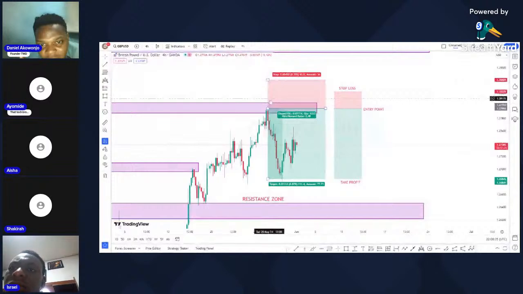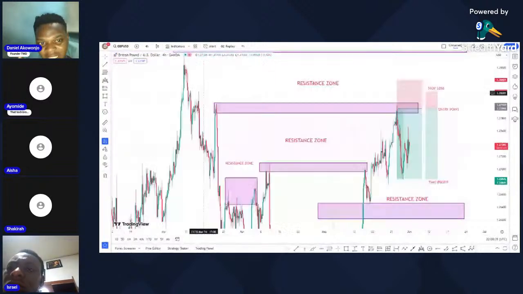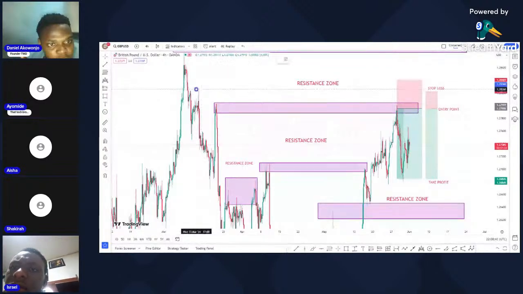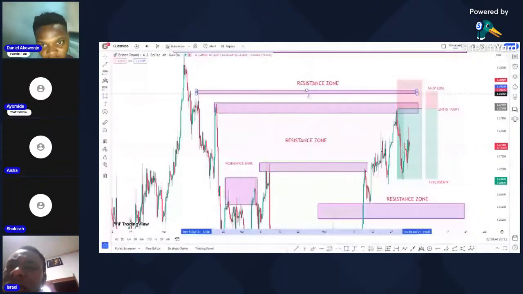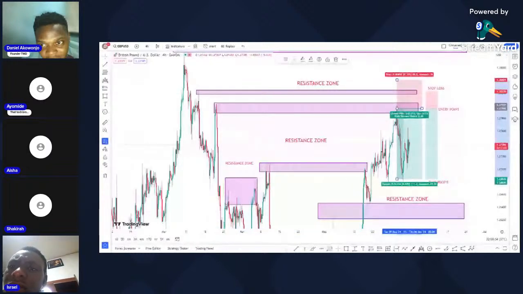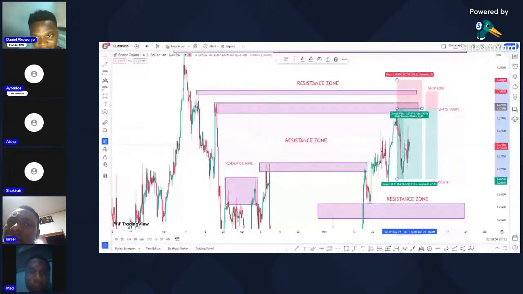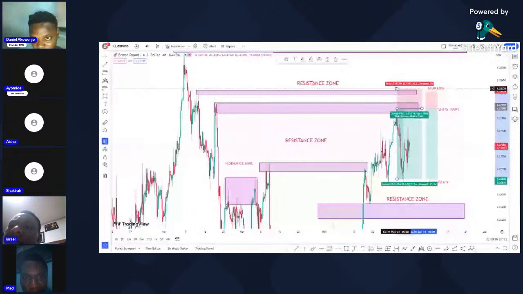In setting your stop loss, you want to set it to the recent resistance zone that previous historical data has formed. I hope all these guys in my pro class are listening now. I want to move my stop loss to that zone, at least a little bit above it.